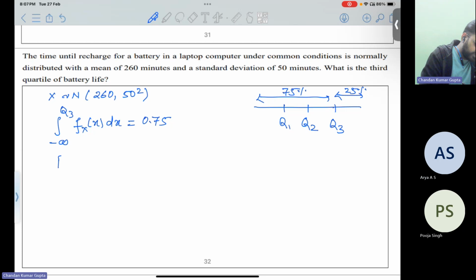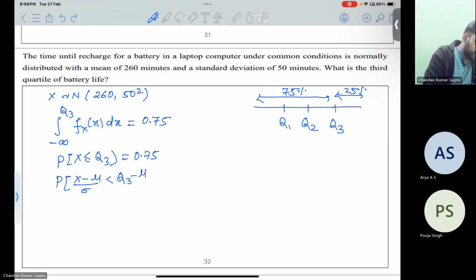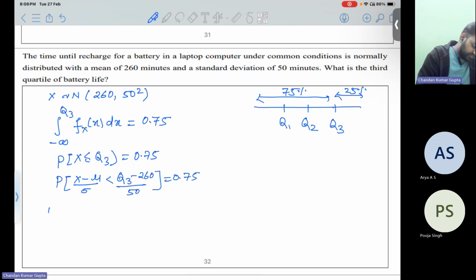Probability that x is less than or equal to Q3 equal to 0.75. Again the similar thing: probability that z is less than (Q3 minus mu) upon sigma, where mu is 260 and sigma is 50, equal to 0.75.